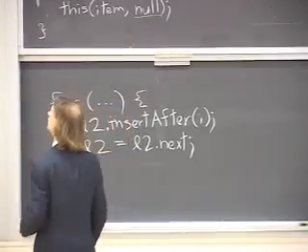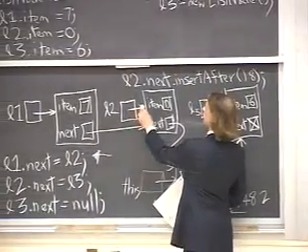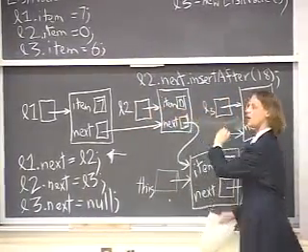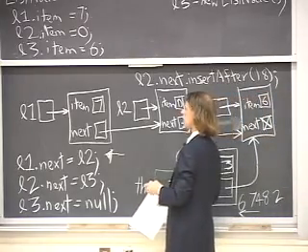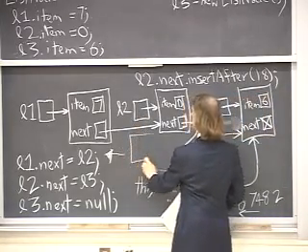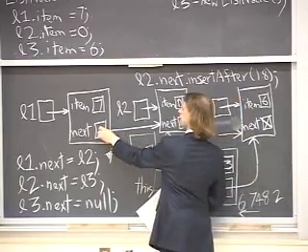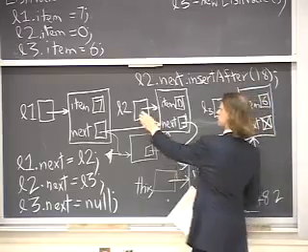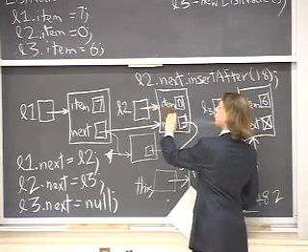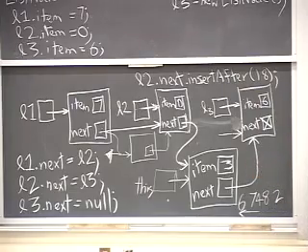Well, now that's hard, and here's the reason why. Suppose I want to insert something before L2, say, before this node. Then I've got a problem. In order to insert a node here, I need to change this next pointer so that it points there. But starting from L2, there's no easy way to get to this node because I don't have a way to walk backwards in a list.